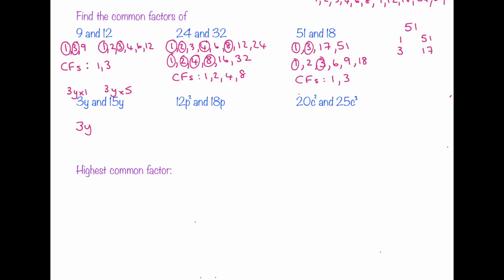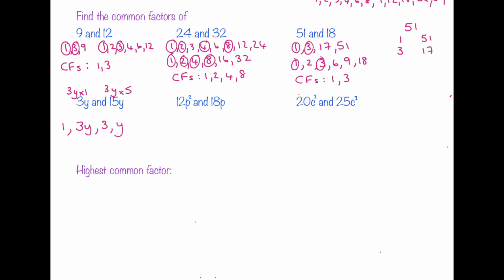So we're going to be using that when we come on to doing actual factorising. The other factors that are common, of course, will always have 1, and we've got 3 and we've got y. So these are things that all would have a partner that would multiply to give us 3y or 15y.